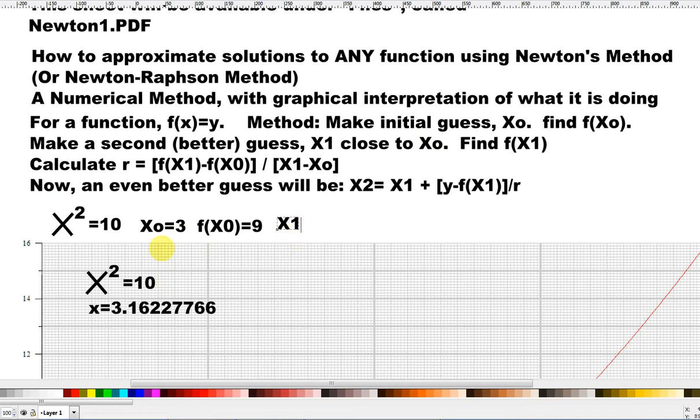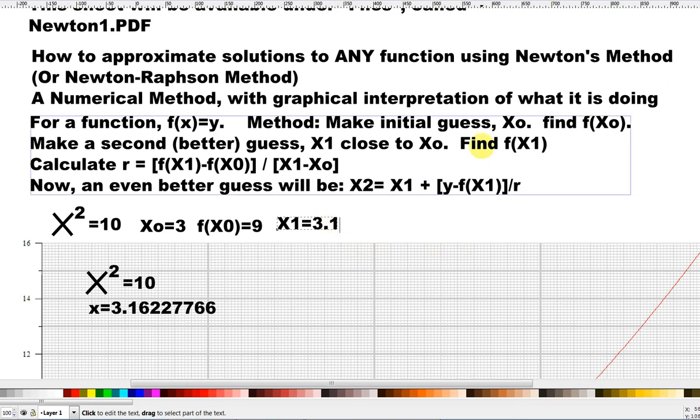So let's just choose something a little bit bigger than 3, because we know, since 3 squared is 9, that the right answer has to be a little bigger than 3. And so let me just choose 3.1. Now, you don't have to guess 3.1. You could guess 3.05 or 3.2, and this method would still work very well. But let's just go with 3.1.